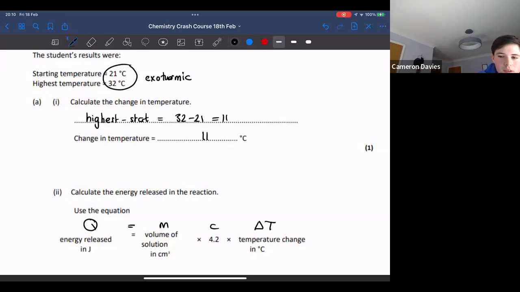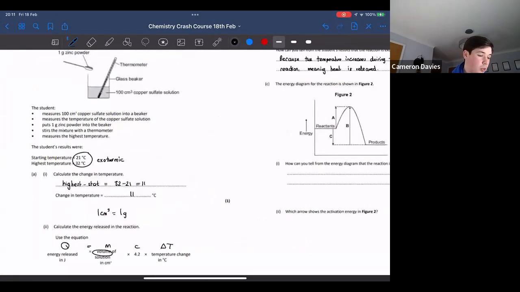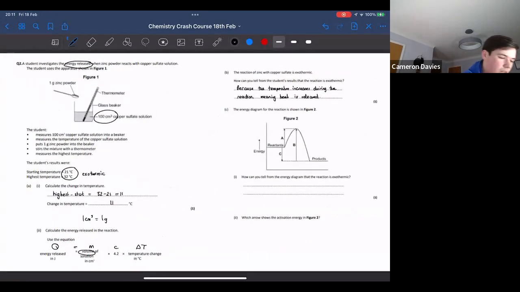One thing you might be thinking is this says volume, but you've written mass. It doesn't matter because 1 centimeter cubed is equal to 1 gram. So 100 centimeters cubed is just going to be 100 grams.